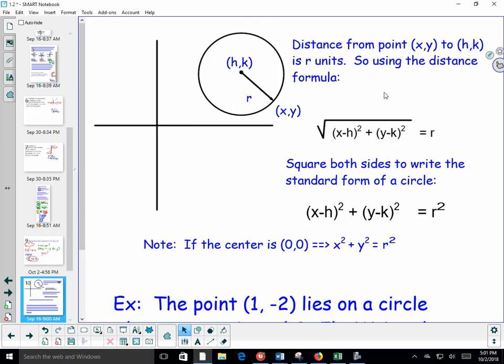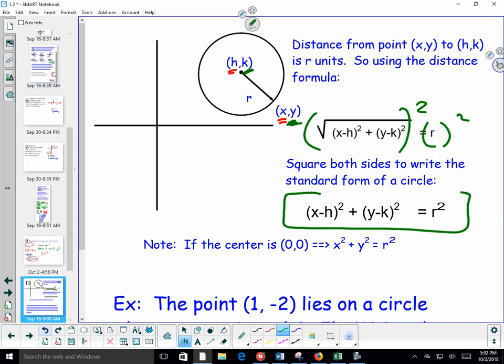Well, the distance formula says take the difference in your x's, so x minus h, quantity squared, plus y minus k, quantity squared. Take the square root, and that is equal to the radius. But if we square both sides of this equation, then we get this equation.